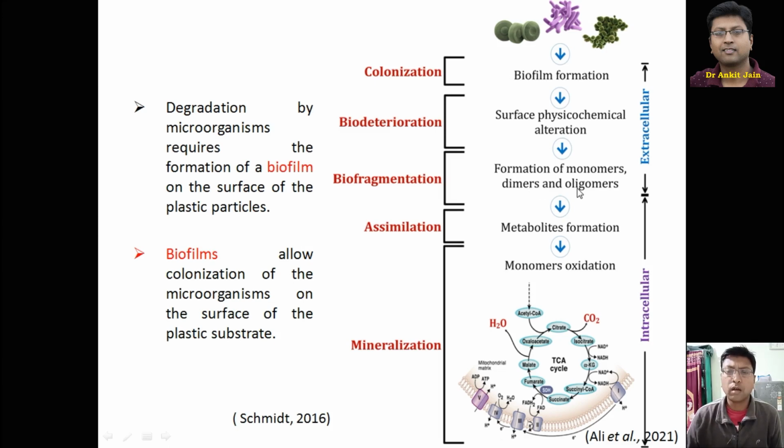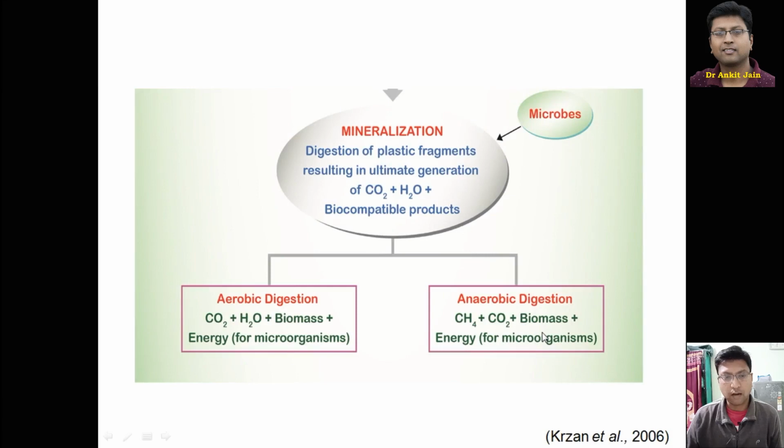Then after conversion into monomers and dimers, they are assimilated by the bacteria, and inside the bacteria, endoenzymes are responsible for mineralization into carbon dioxide, and water is produced during the TCA cycle. This mineralization is done aerobically and anaerobically.